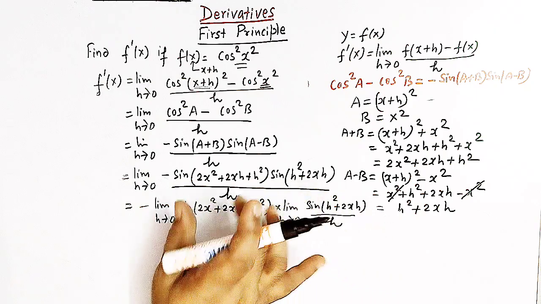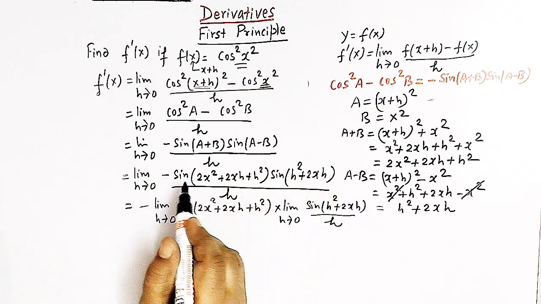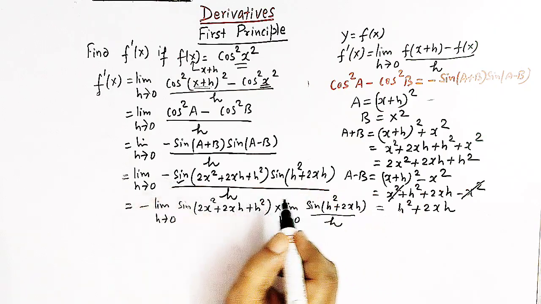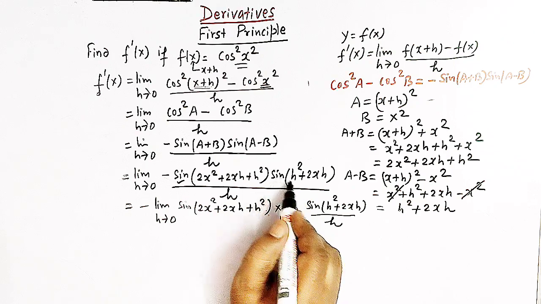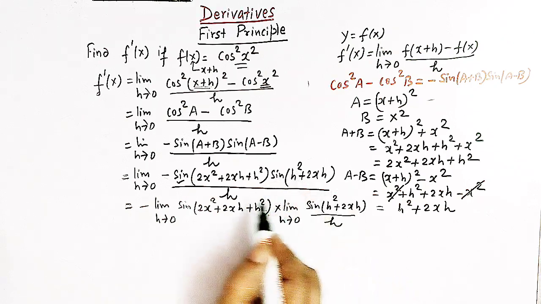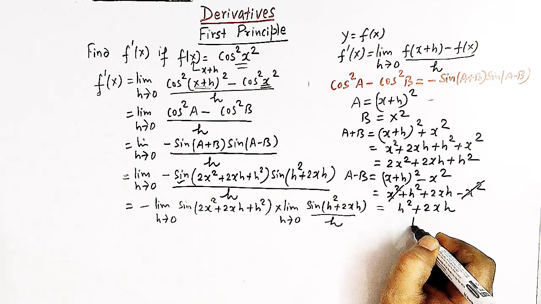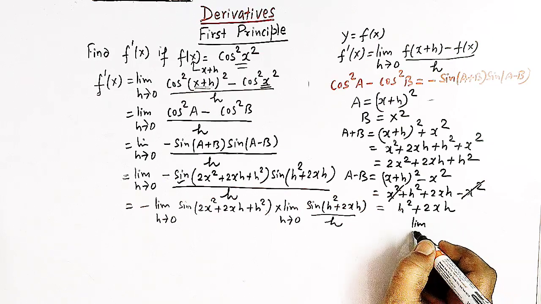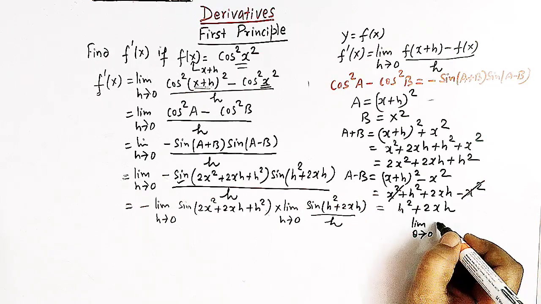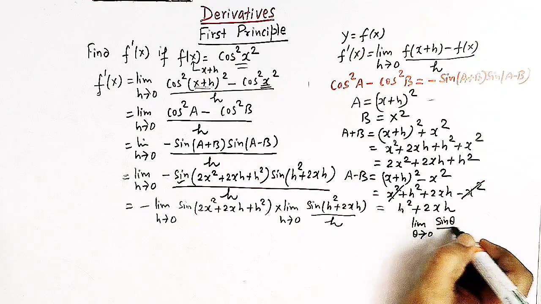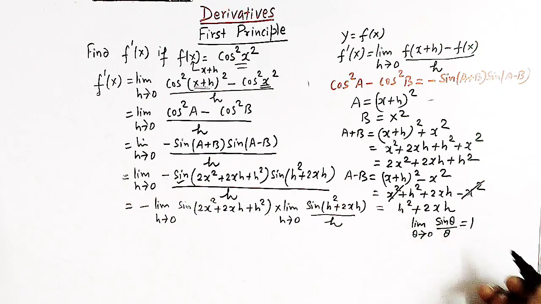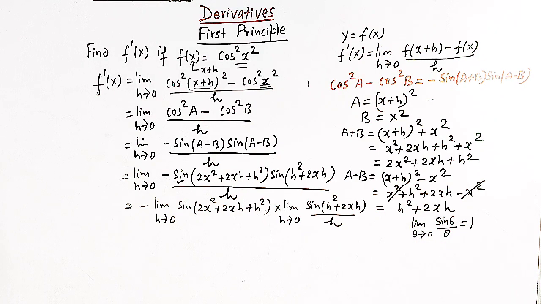So what we will do, we'll take the separate limit of this function, and then we'll combine sine h square plus 2xh over h, right? Because here we are going to utilize this important result, that is limit theta tends to 0, sine theta over theta is equal to 1, right?